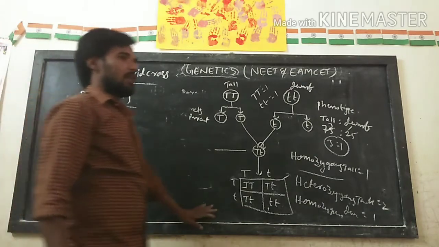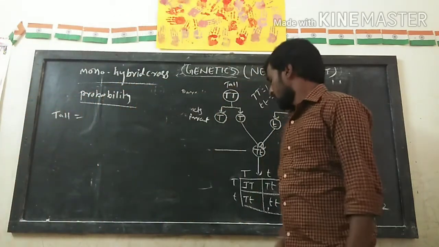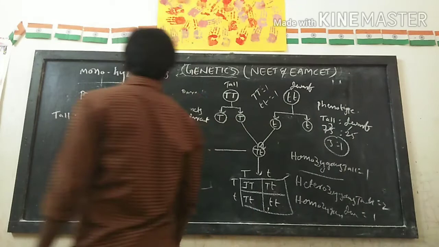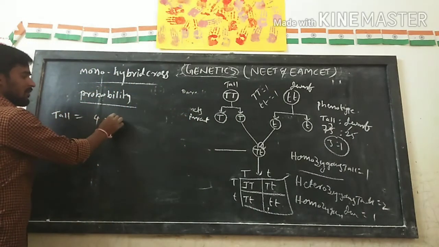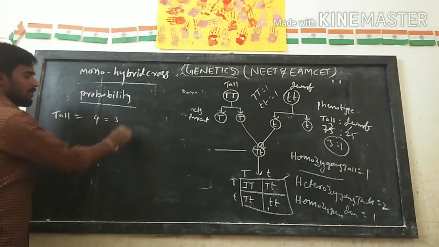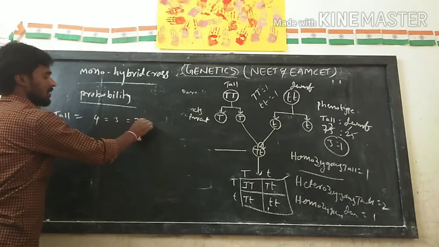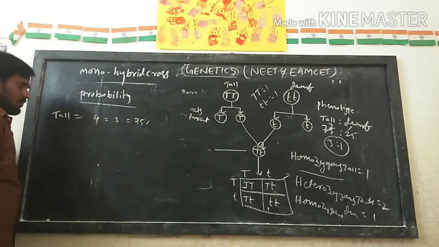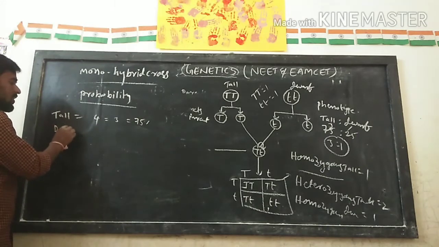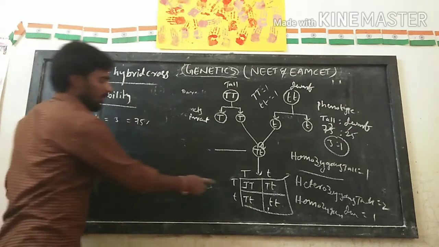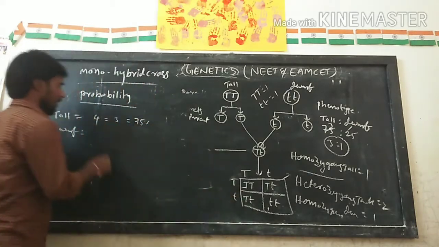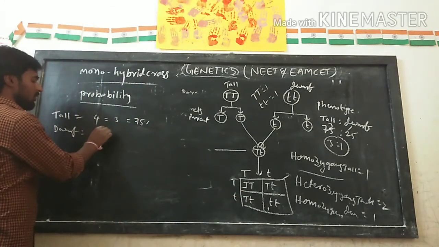See, how many total are here? 4. In 4, how many talls are there? 3. So automatically 75% of the plants are tall. What is the dwarf probability? How many dwarf plants are here? Only 1. So the probability is 25%.